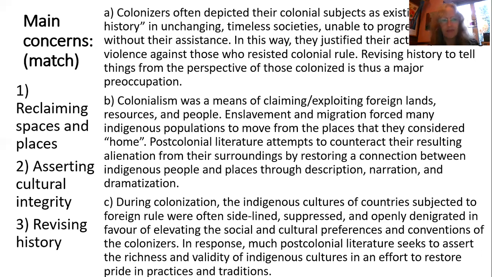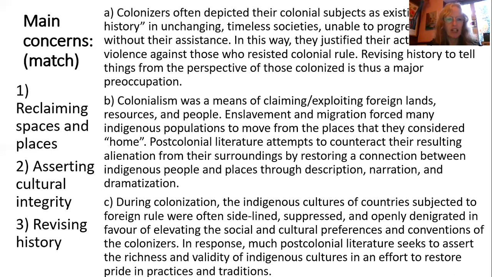Okay. Have you got the answers? Okay, this is just a little trick to make you read it, not just saying read for no reason, but read and match, which gives you a reason for reading. So number 1, reclaiming spaces and places, is B, reclaiming after the colonizers had gone.